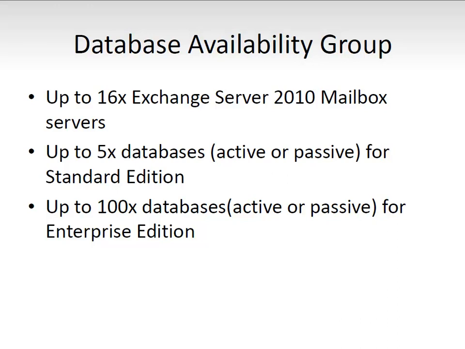So that's up to 5 databases, whether that's active or passive databases, for the standard edition of Exchange Server 2010, and up to 100 databases, again active or passive, for the Enterprise edition of Exchange Server 2010.